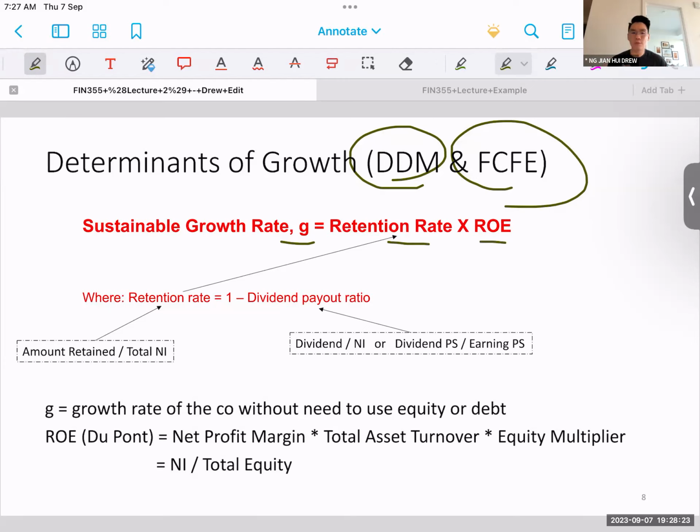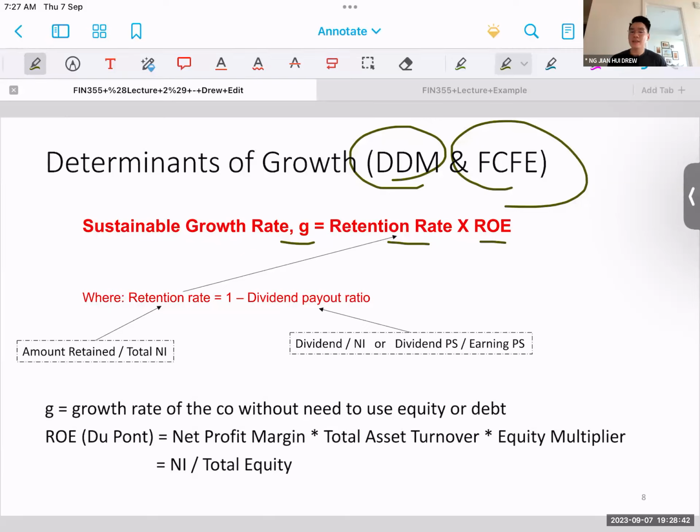And before we go into the details about how this formula works and all its components, the intuition or the idea behind it is that whatever money is being retained in the firm would allow the firm to use this money for growth, right?